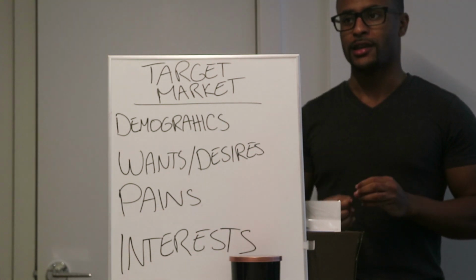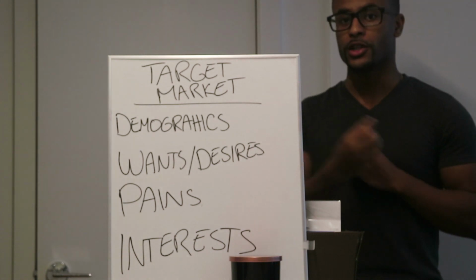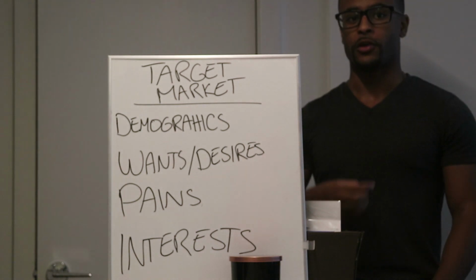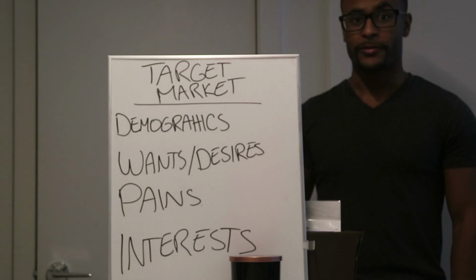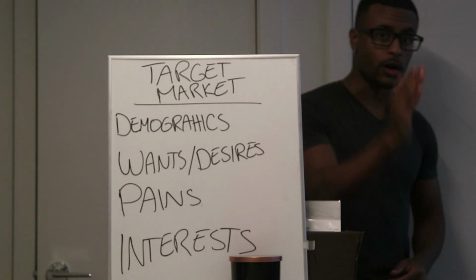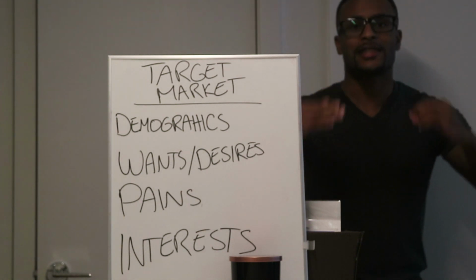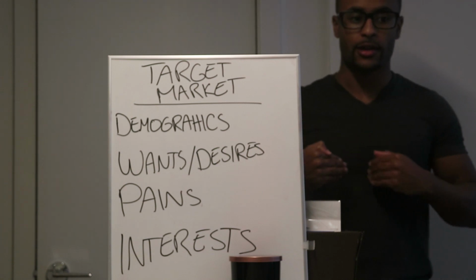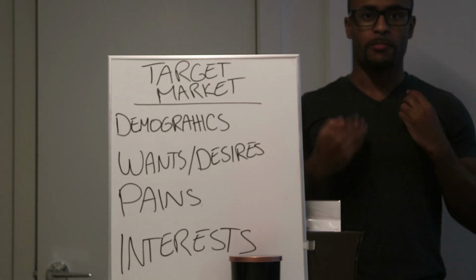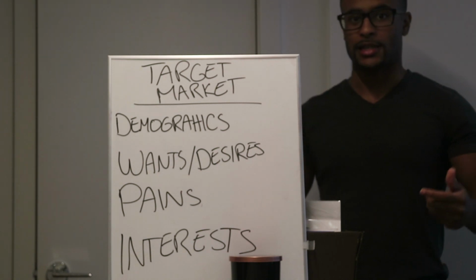But the problem with that is that you have to spend a lot of time researching that market, figuring out that target market, and figuring out what it is that they're interested in, versus going into a market that you are already interested in, selling to people who are actually like you, who like the things that you like as well. So you can make references that the average person doesn't actually make.